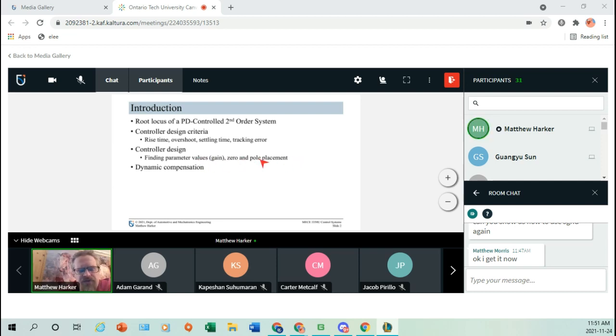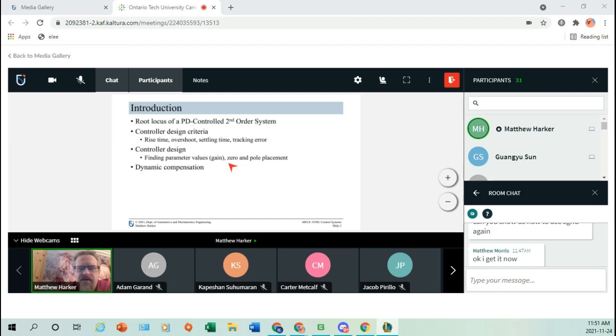But then what we can also do is place zeros and poles. We add a controller. In the case of our PD controller, we end up with an additional zero that will change the shape of the locus. And we'll just look briefly at placing those poles and zeros.